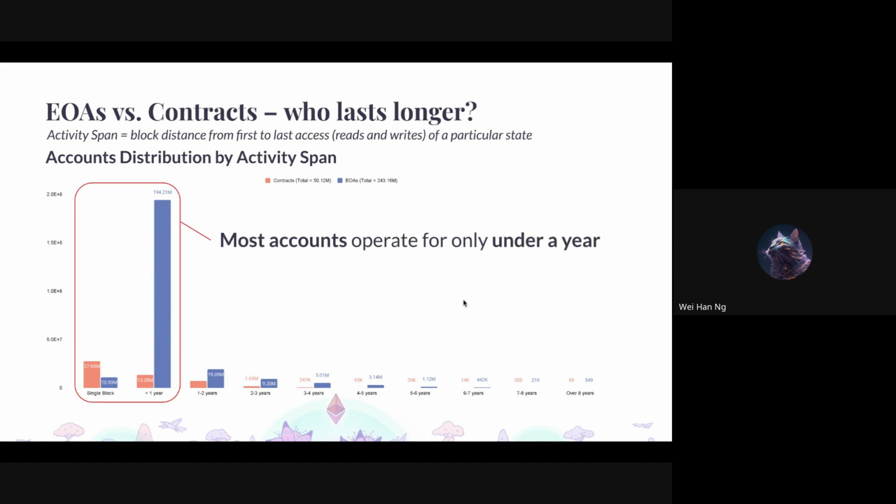If you look at the overall accounts, most accounts operate for only under a year, about 80%, and the rest of the 20% operate for more than 1 year, with very few operating more than, for example, 5 or even 6 years. If you look at over 8 years, that's less than 1,000. Those are really legacy accounts, and maybe some, for example, accounts controlled by EF. You see some of them here.